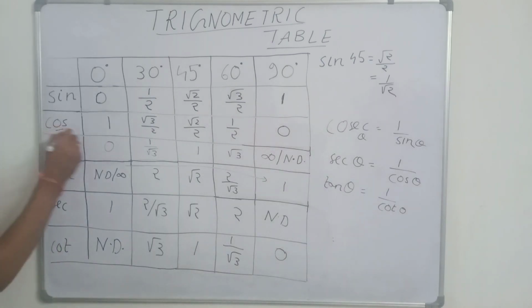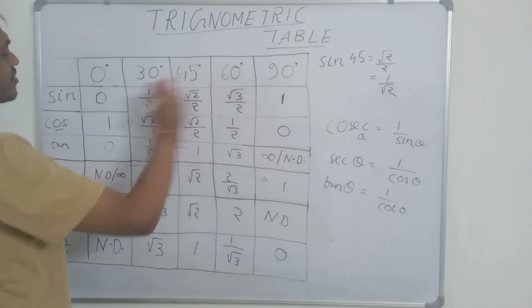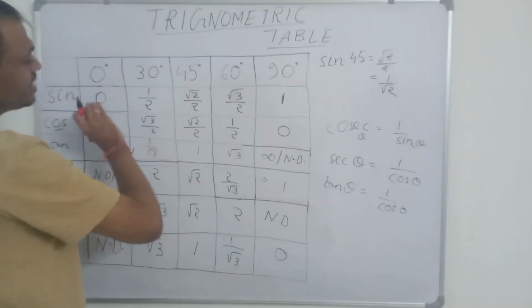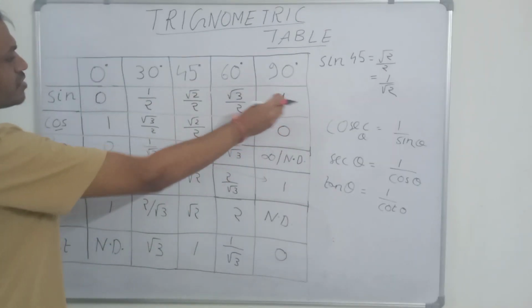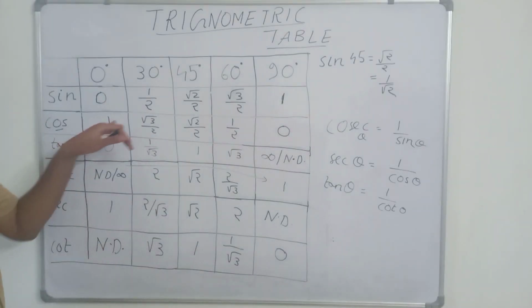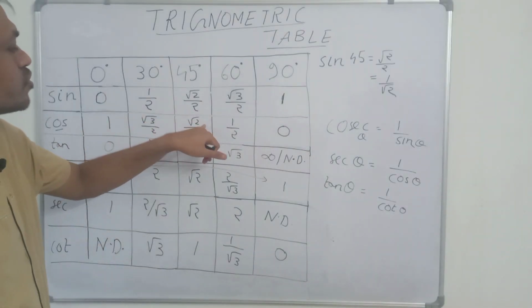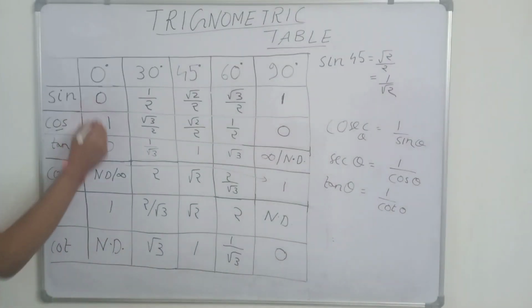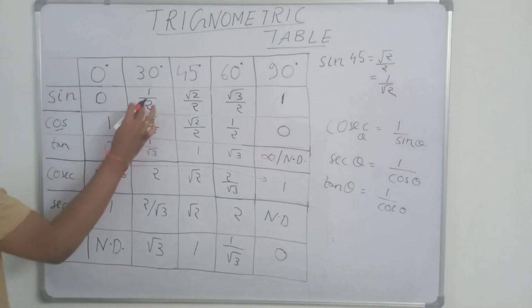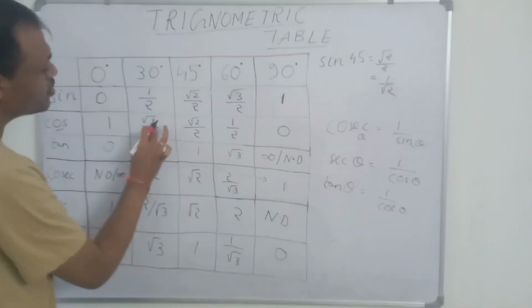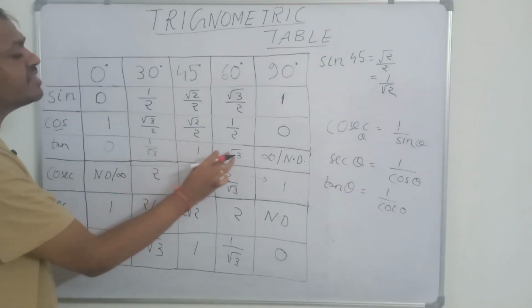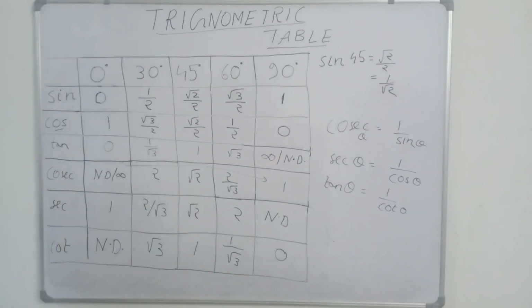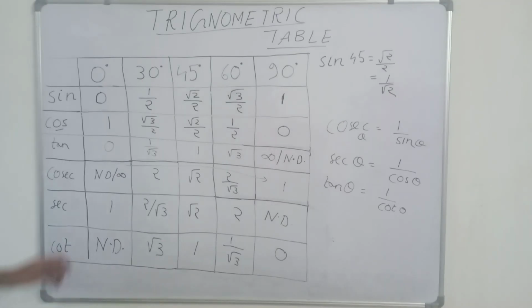For cos, write the sine values from right to left: 1, then root 3 by 2, then root 2 by 2, then 1 by 2, then 0. For tan theta, just divide sine by cos. So 0, 1 upon root 3, then 1, then root 3, then infinity or not defined, because 1 upon 0 is not defined.